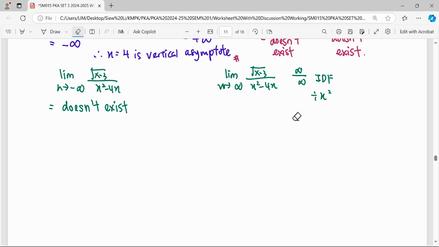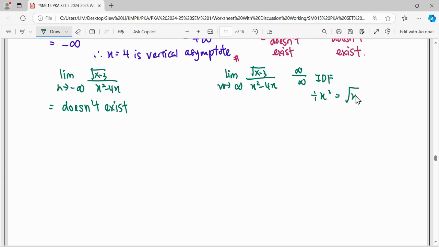Okay. Untuk bahagian yang tak ada set, kita nak bahagi X square. Bahagian ini penyebut tak ada set, betul? Kita tak bahagi X square, tapi kita nak masuk bumbung. So, bila kita masuk bumbung, dia bersamaan dengan square root berapa? Square root X kuasa 4 bersamaan dengan X square lah, betul?